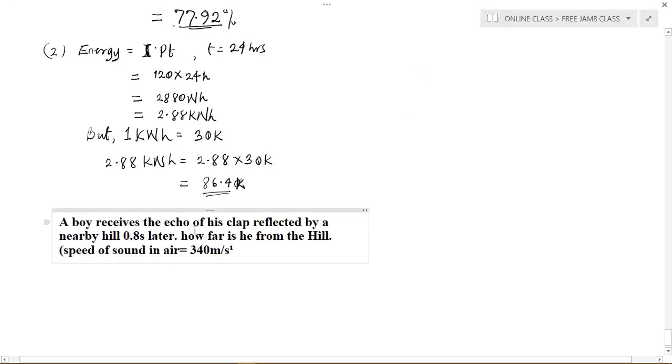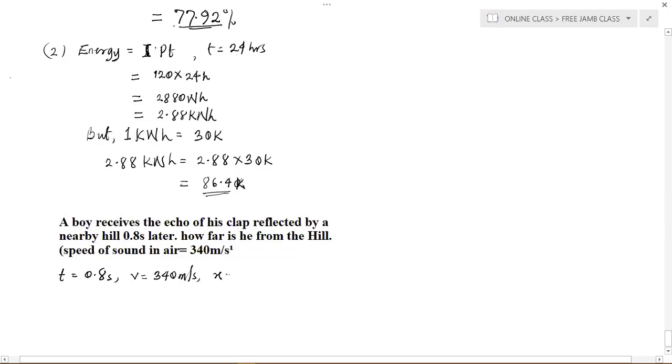A bird received the echo of his clap reflected by a nearby hill 0.8 seconds later. How far is he from the hill? Now this one, they gave us time of 0.8 seconds. We know the velocity as 340 meters per second.